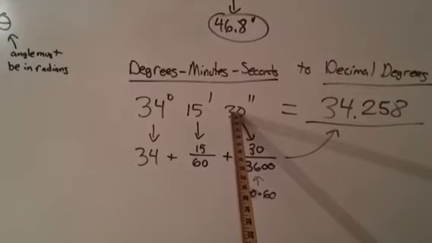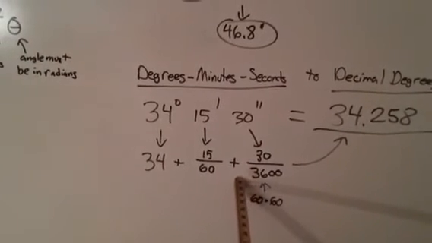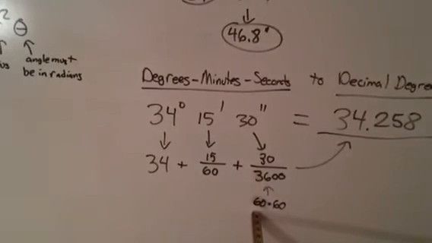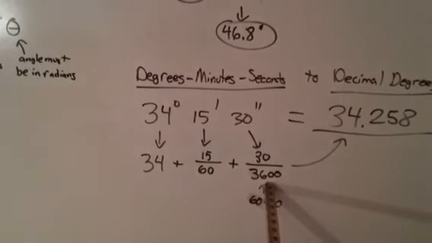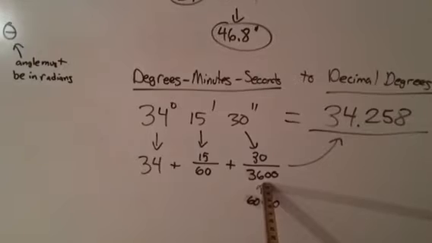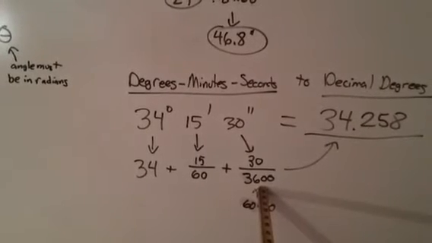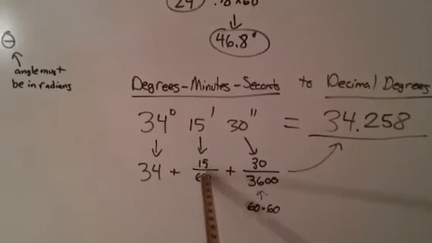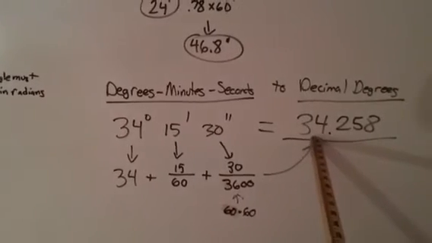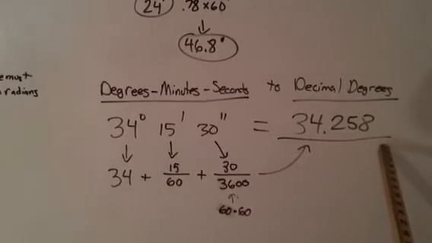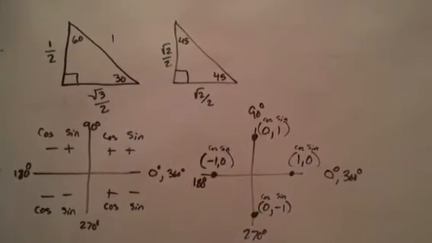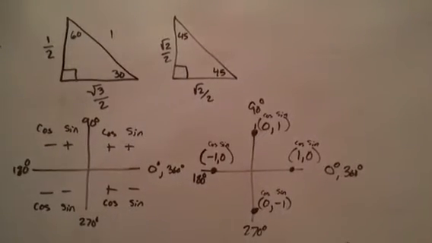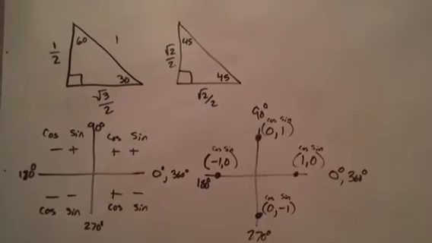And then 30 seconds divided by 3,600 because there are 60 seconds in a minute times 60 minutes in a degree for a total of 3,600 seconds in a degree. And by adding these three together, we get 34.258 decimal degrees.